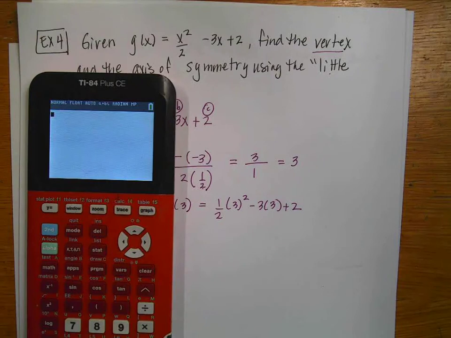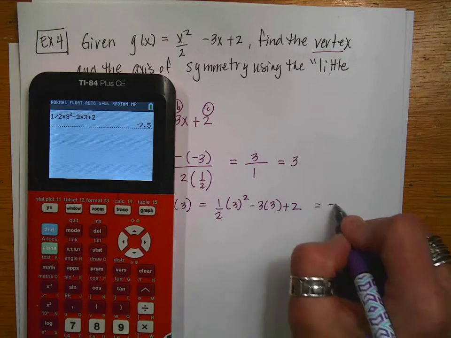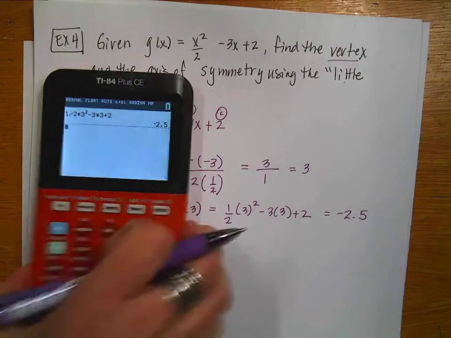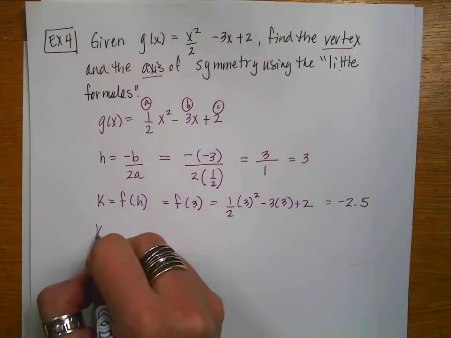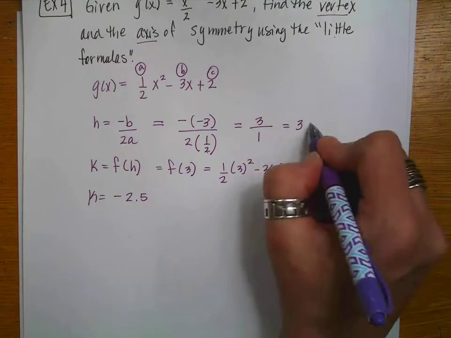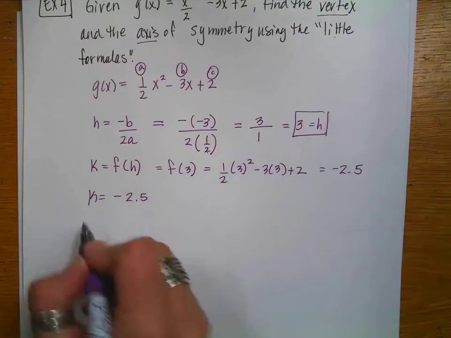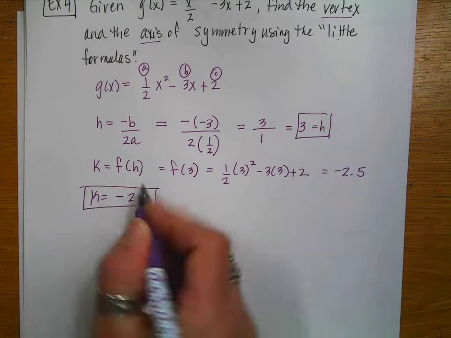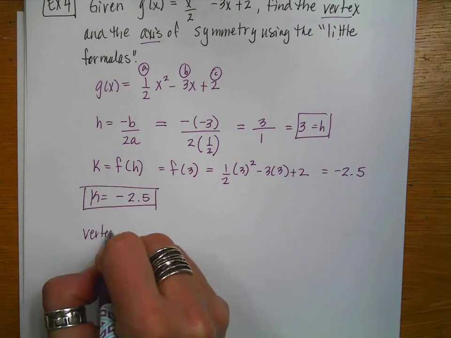And again, I'm going to do that all in one fell swoop on my calculator. So I'm going to do 1 divided by 2 times 3 squared minus 3 times 3 plus 2. And when I finish, I get negative 2.5. Okay? So then I know that k is equal to negative 2.5. So here's my h, and here's my k.